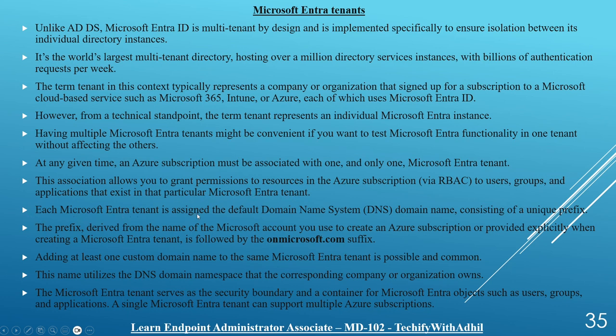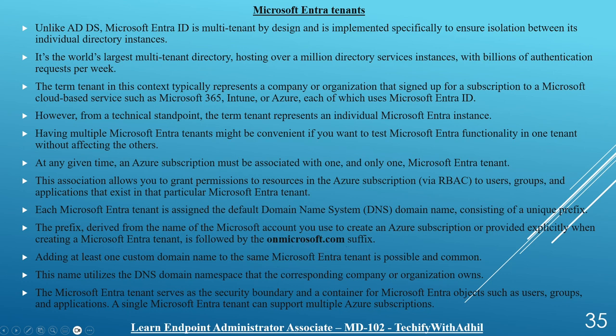Each Microsoft Entra tenant is assigned a DNS domain name consisting of a unique prefix, derived from the name of the Microsoft account you use to create the Azure subscription, or provided explicitly when creating a Microsoft Entra tenant, followed by the onmicrosoft.com suffix.